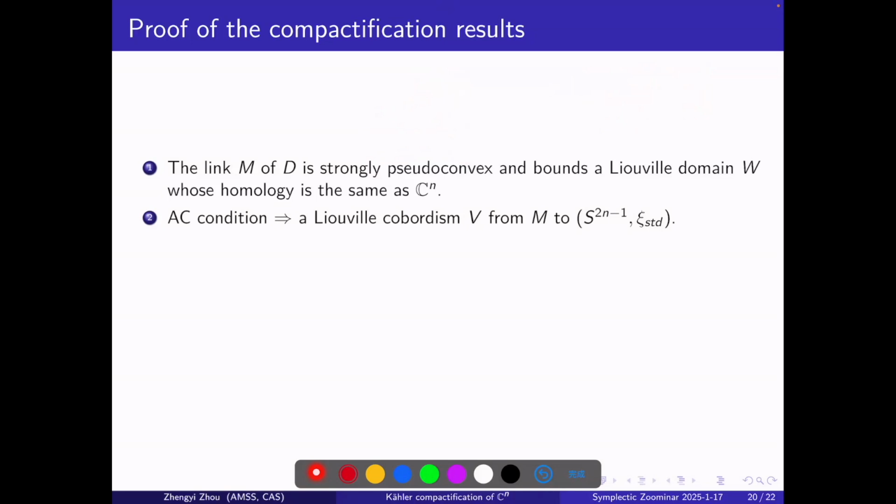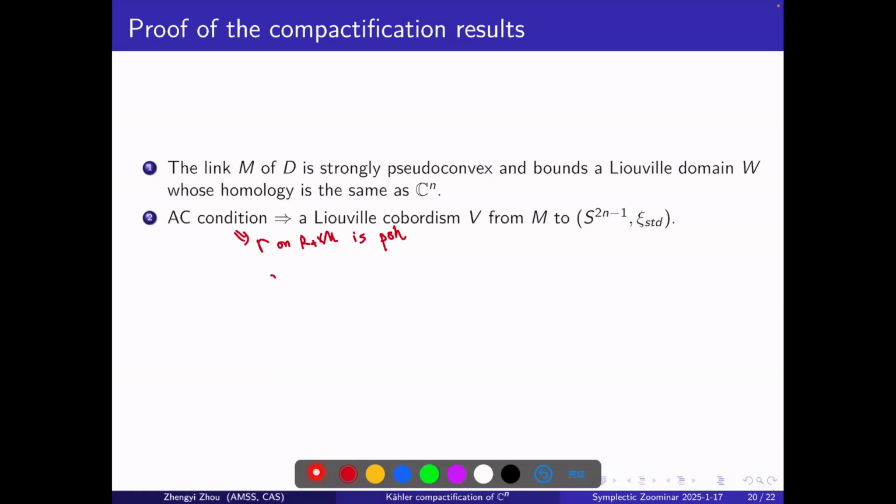The AC condition actually tells you that there is a Liouville cobordism V from N to S^{2n-1}. The AC condition basically means that the R on this cone is a PSH, strictly plurisubharmonic function.